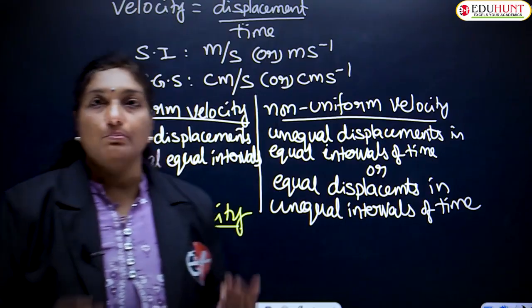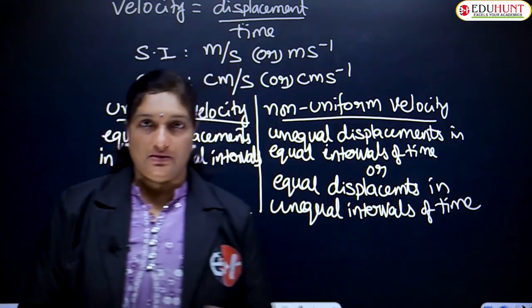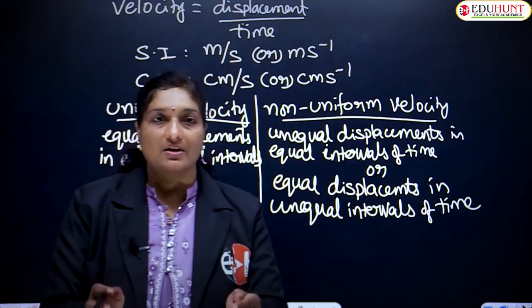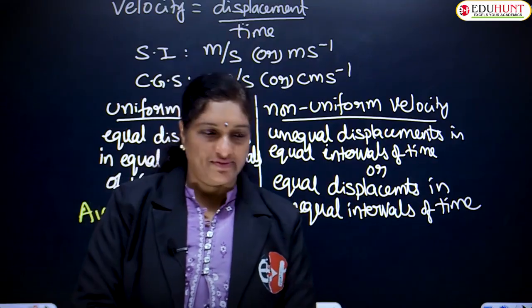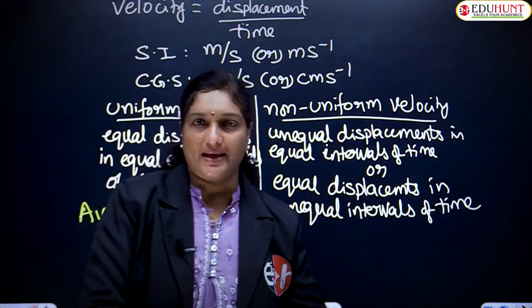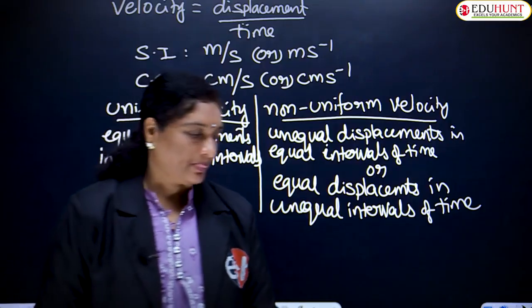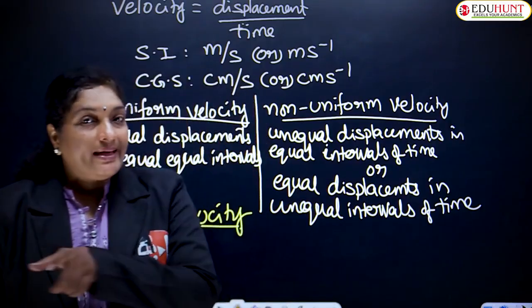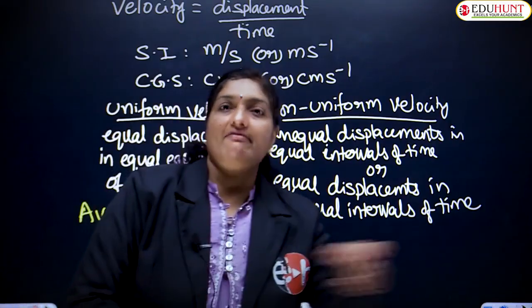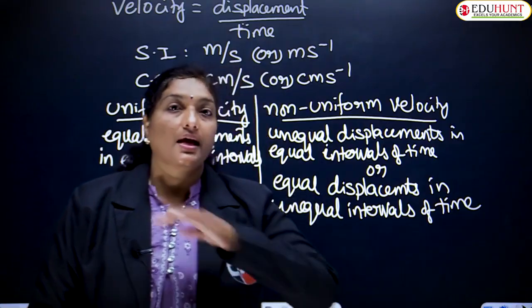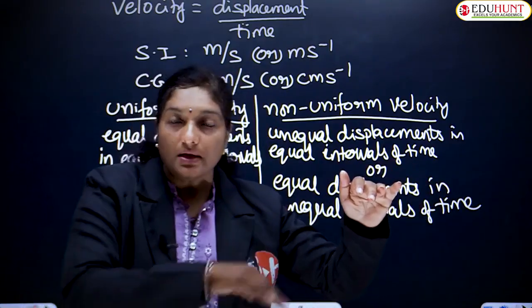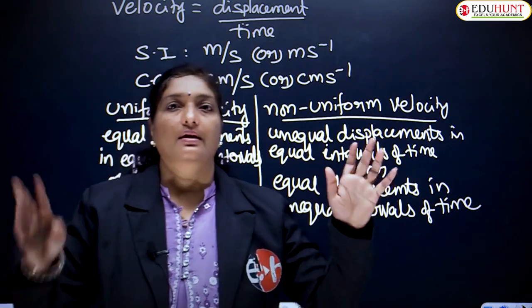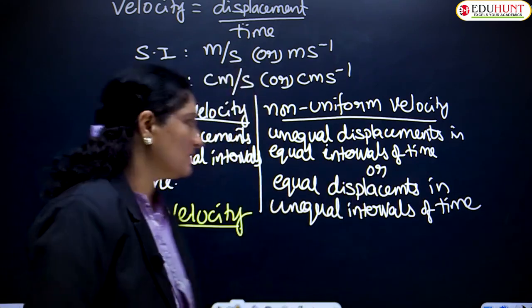Suppose a body moves with non-uniform velocity, covering unequal distances in unequal intervals of time. Okay, different displacements in different times. Then we need to calculate the average of all values, that is, the total displacement covered by the body per total time interval is called your average velocity.